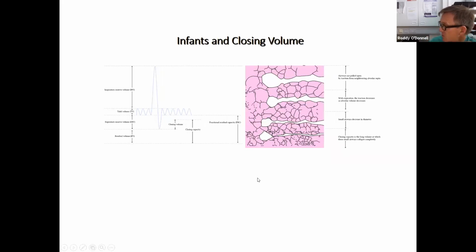Now, we might take that into account in terms of the way that we ventilate these children. So what we're essentially providing is a back pressure against which we avoid this closure using PEEP, for example. And we also need to consider how quickly their elastic recoil allows their lungs to contract. And in obstructed bronchiolitis, like this, clearly gas movement may be obstructed.